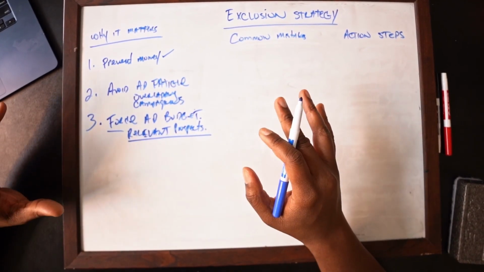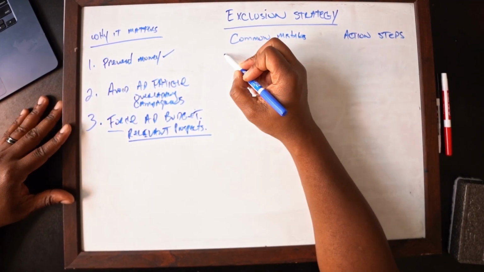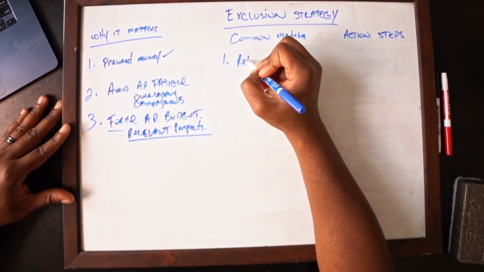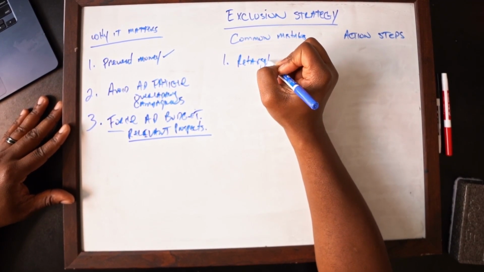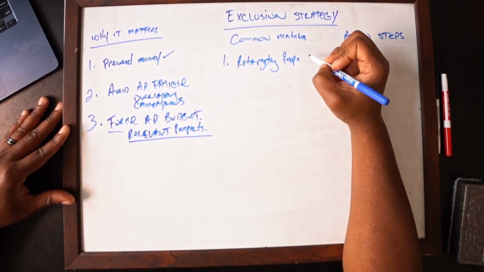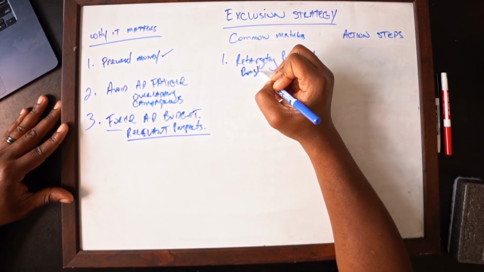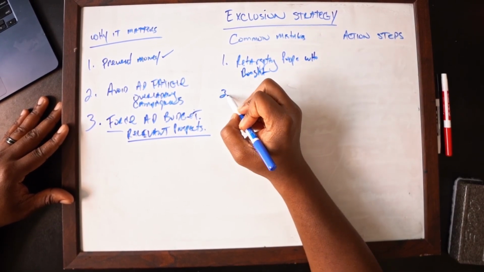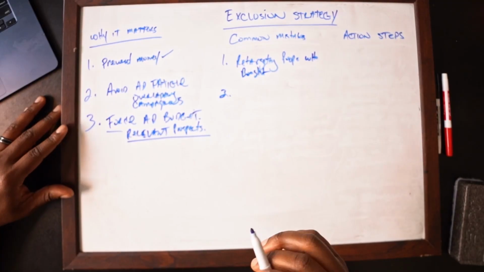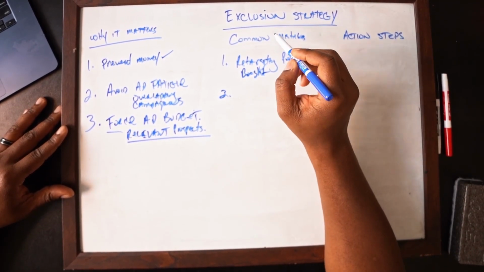So some of the common mistakes are, number one, retargeting people who bought. Number two, forgetting to exclude the audience at the top of the funnel.